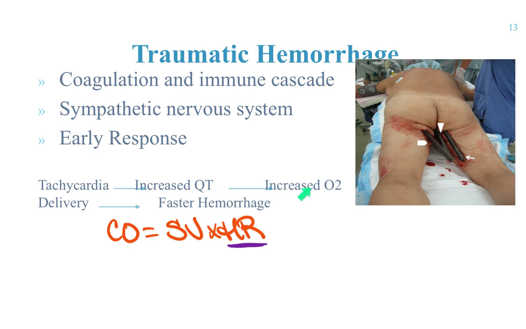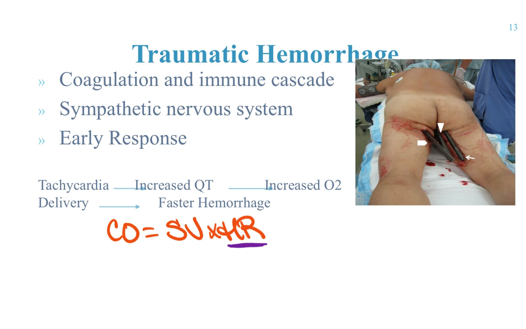And it's doing this because we want to increase oxygen to the site of injury. That is our body's response. We want to heal it. But our body can be its own worst enemy because if we increase cardiac output, we can hemorrhage faster. So fluid replacement, finding the wound, and correcting that hemorrhage.